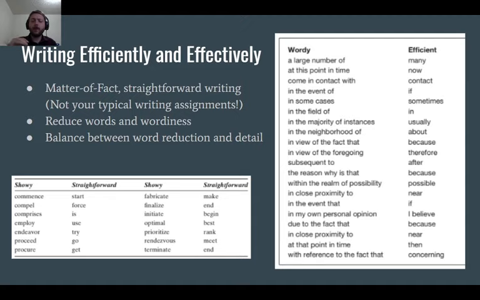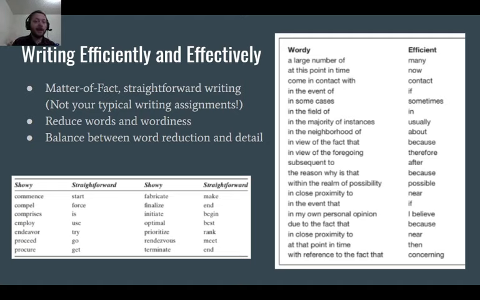I have a couple of examples here. For a matter-of-fact, straightforward sense of writing, you want to break down words from a more complicated stance to more simplified. There's no need to use fancy words just to make yourself sound smart or make your document seem more esteemed. You're trying to communicate as clearly as possible. This table at the bottom left has examples of what they call showy words.